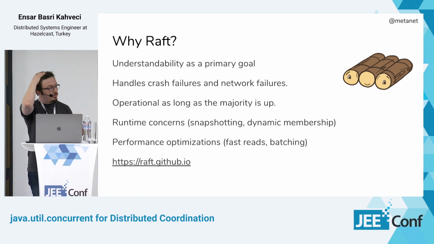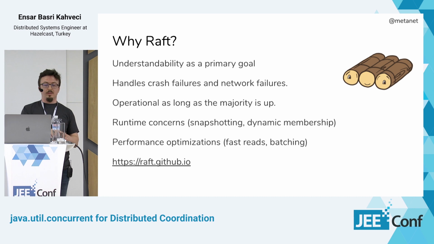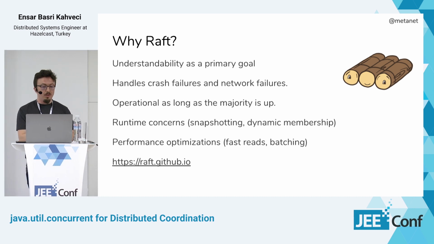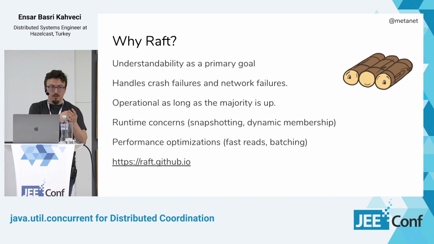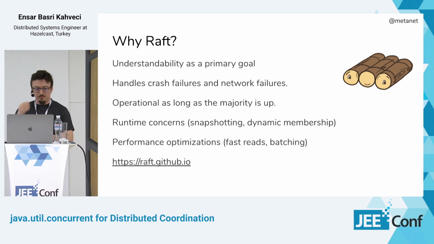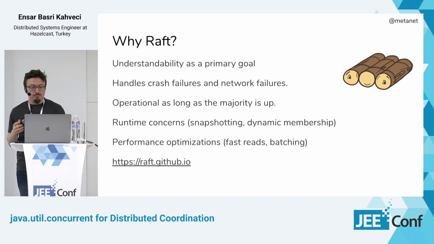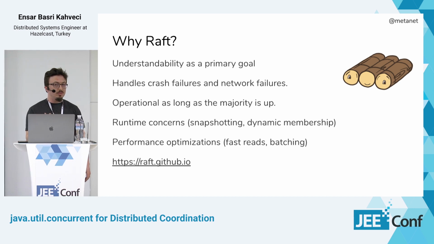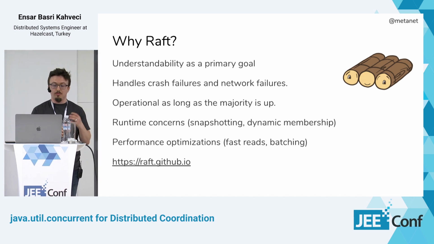It's a consensus algorithm. Basically, it gives you a strong consistency guarantee for the underlying data, and it can tolerate crash failures, network failures, and timing failures. And it remains available as long as a majority of your servers are alive. But besides guaranteeing strong consistency for the underlying data, it also discusses several runtime concerns, and it also allows performance optimization.